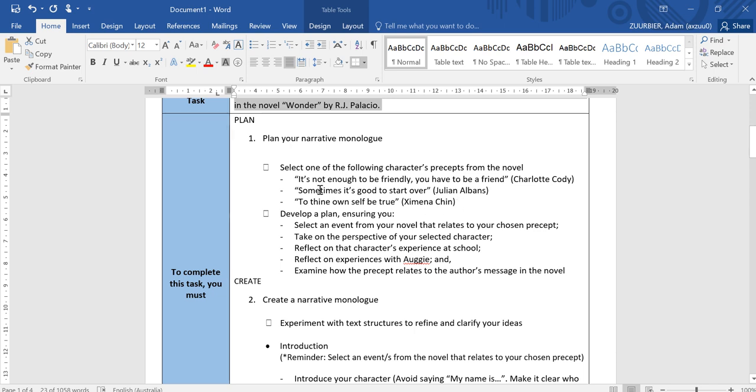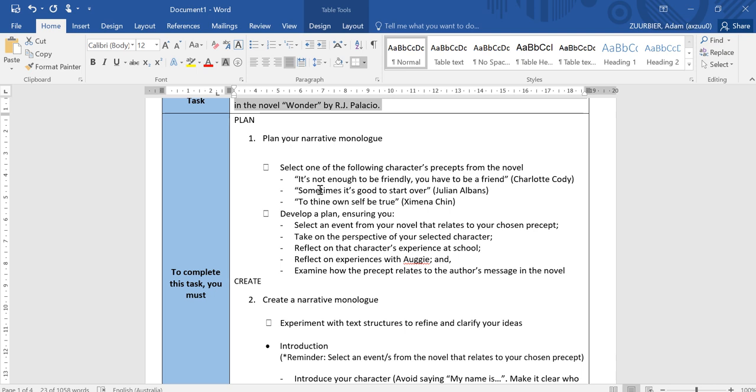And these precepts in your monologue that you write should be like a motif. Do you remember a motif in that tutorial video we did where we wrote a monologue from Mr. Tushman's perspective? A motif is like a word, a quote, or a phrase that you use at the start and at the end of a monologue, and you keep referring to it throughout a monologue.